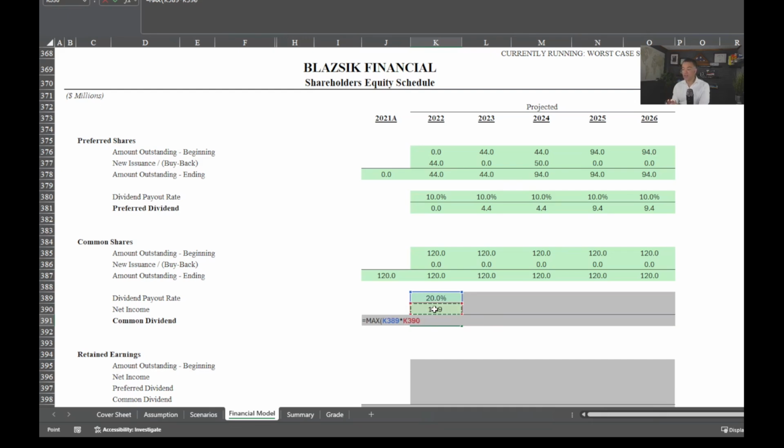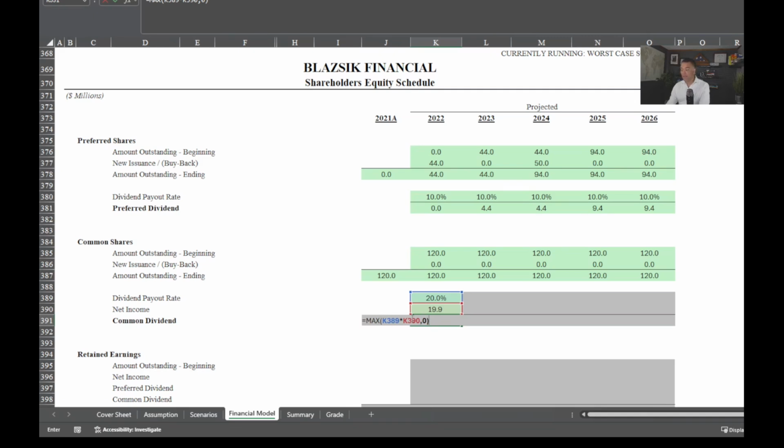But I want you to think of what this means: only if it's positive. I'm saying I want the max of either the 20% times the net income or the number 0. The reason I'm doing this is that if net income is negative, 0 will be greater. Therefore, we would have 0 common dividends paid out.